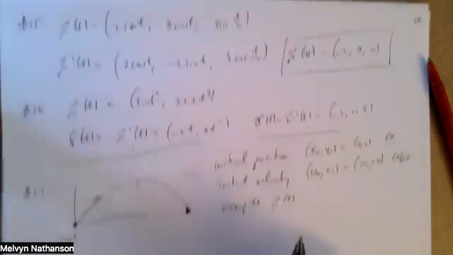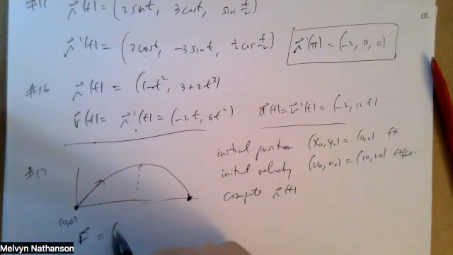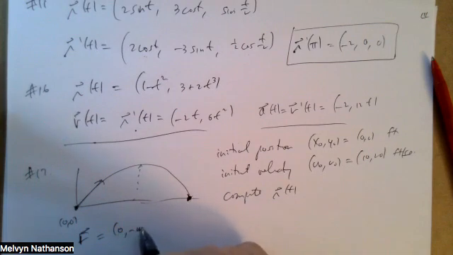So what do we know about the motion of a particle operating under only the force of gravity, which is pulling it down? So the force of gravity is 0, minus mg, right?